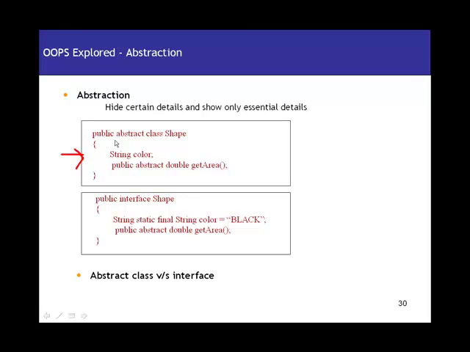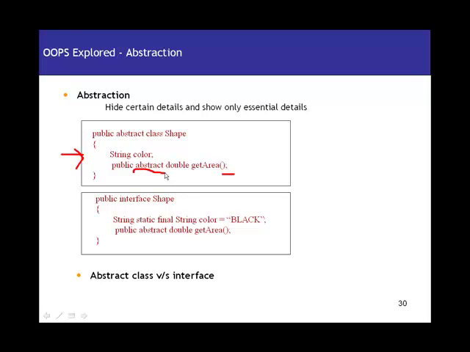If you have a closer look at this method getArea, you can observe that I have not given any implementation to this method. In fact, I have simply ended it with a semicolon, and I also have given the abstract modifier to the method, right? So why did I give the abstract modifier?